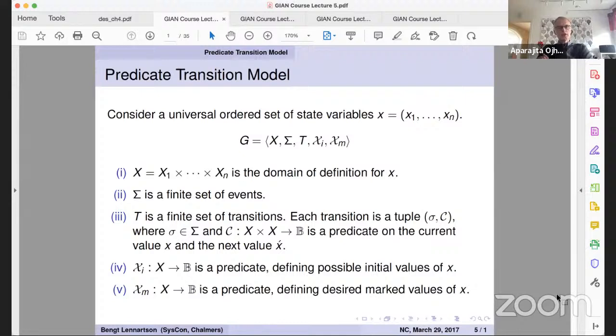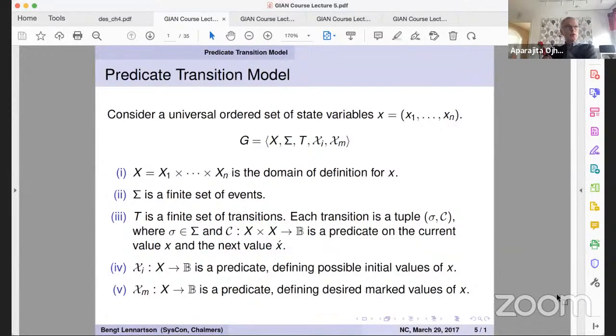So what I will present now is a complete, you could say, state variable oriented model, which means that I assume that I have a set of variables and altogether they generate the state of the system. Like in control, for instance, you have state space models, and they constitute together the state of the system.